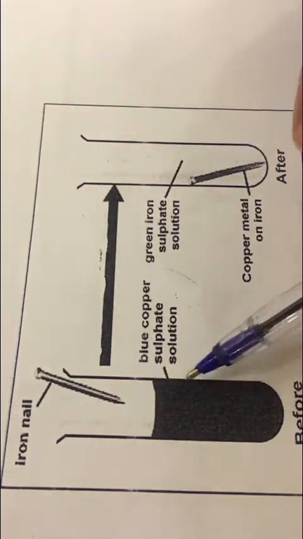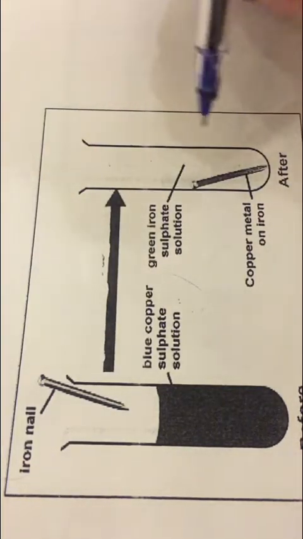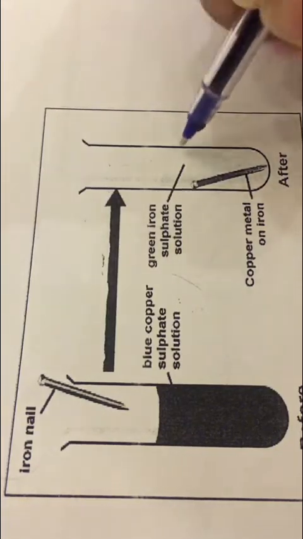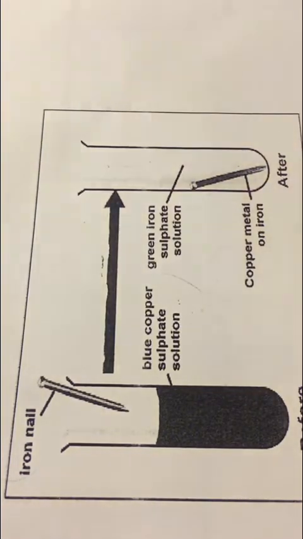That's why it changes from blue to green, as copper pieces are shown after the reaction, after displacement has happened, after iron has displaced copper and kicked copper out from its solution.